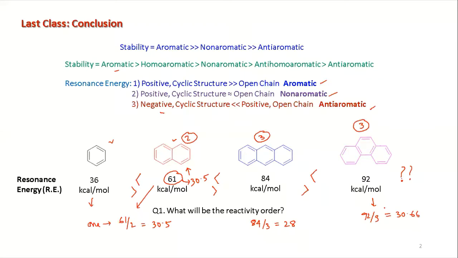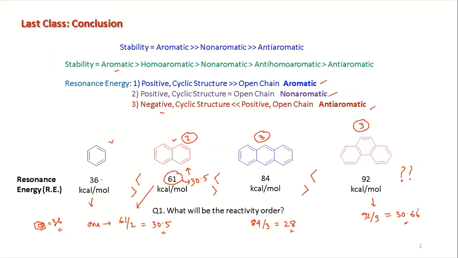Now from here you can easily understand all are on the same platform, and the resonance energy is maximum for benzene, 36. So this is 36, this is 30.5, this is 28, and this is 30.6.